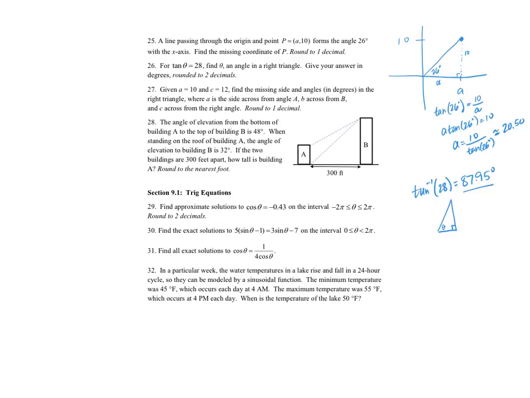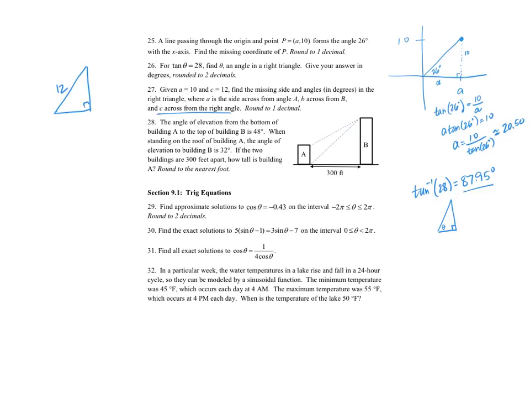in degrees of a right triangle. And I think typically when we label a right triangle, we label C as the side that's across from the right angle, and that's what it says here. C is across from the right angle, so I'm going to label that 12.